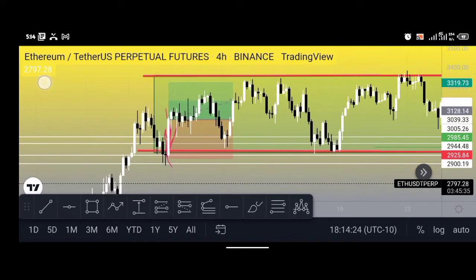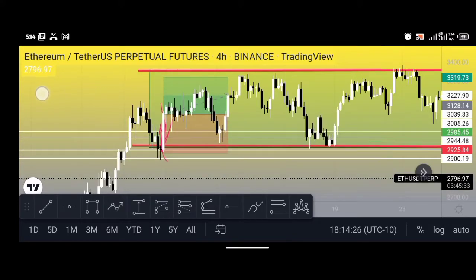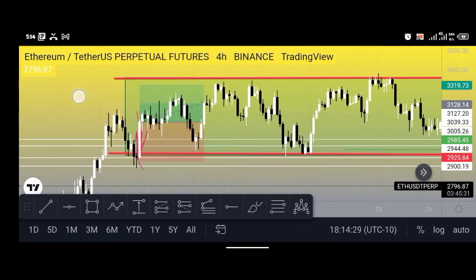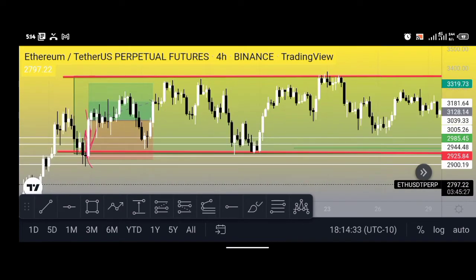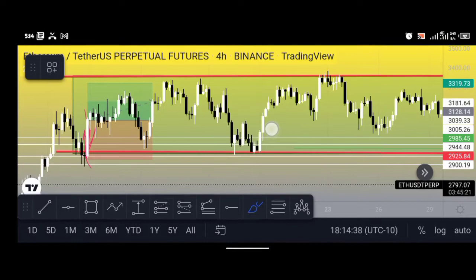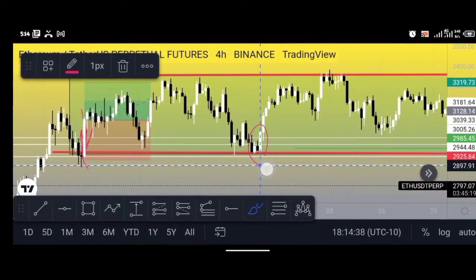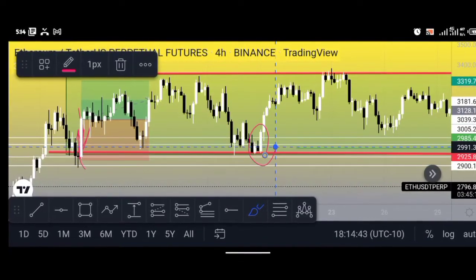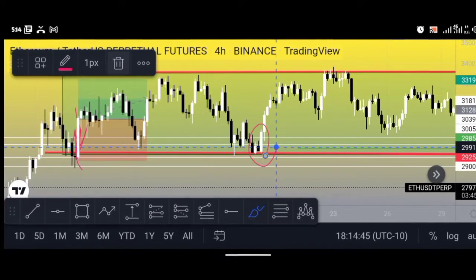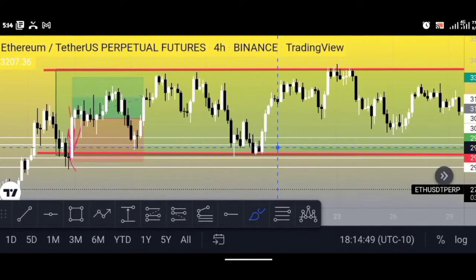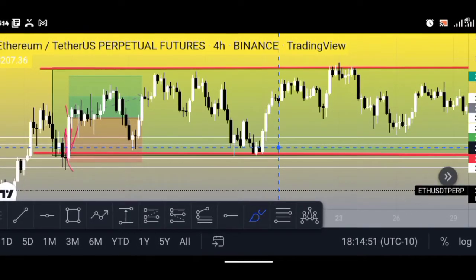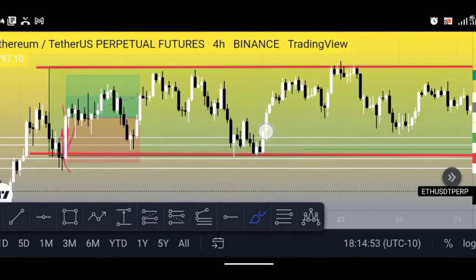So let us go to another place where the candlestick touches the support level. This is another example, and the candle formed there is a bullish engulfing candle. In this pattern, you have to wait for this candle to form before you place a trade.